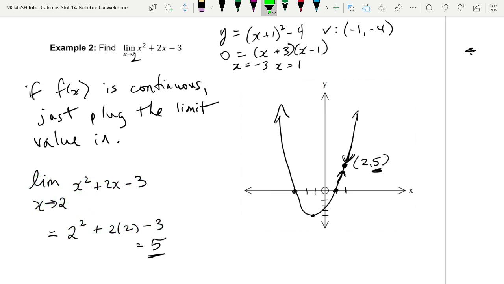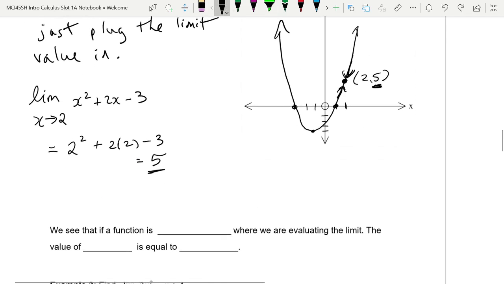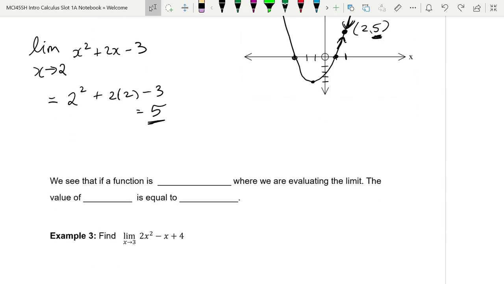They like all the symbols to make sense. So anyway, let's finish this example off. We see that if a function is continuous where we are evaluating the limit, the value of the limit as x approaches a is just equal to f of a.